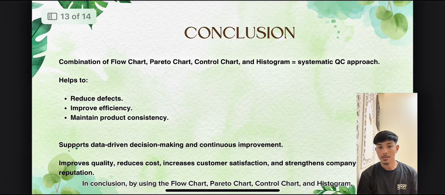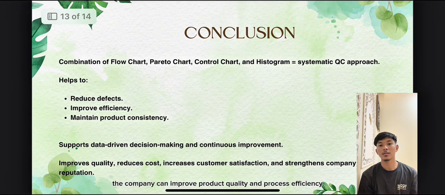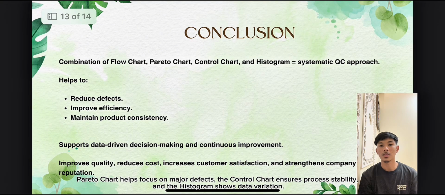In conclusion, by using the flowchart, Pareto chart, control chart, and histogram, the company can improve product quality and process efficiency. Each tool plays an important role. The flowchart shows the process clearly, and the Pareto chart helps focus on major defects.